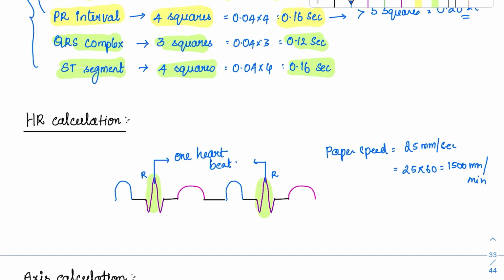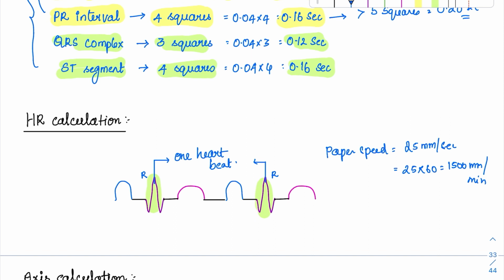For 1 minute, the paper has travelled 1500 mm. In that, what is the RR interval? RR interval is for one heartbeat. So what we have to calculate is how many times this RR interval fits into the 1500 mm, because that is 1 minute. If I know the number of times, that will indirectly give me the heart rate.